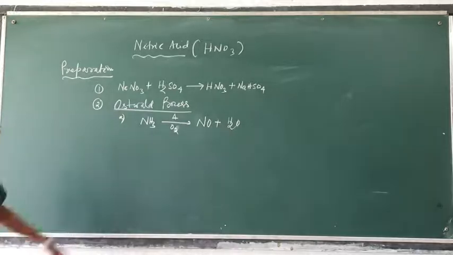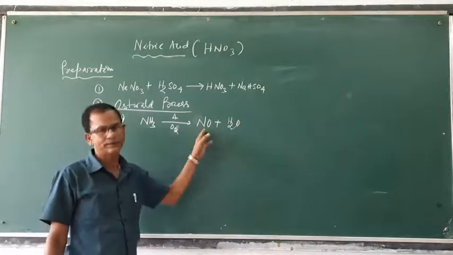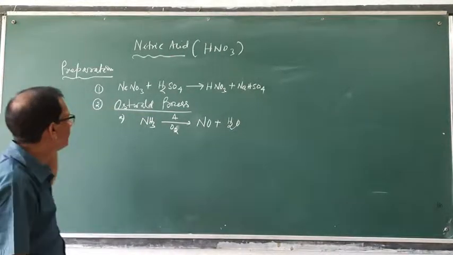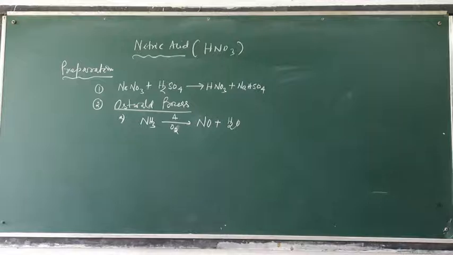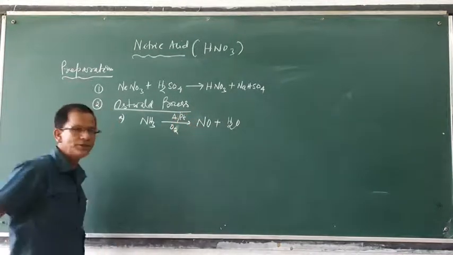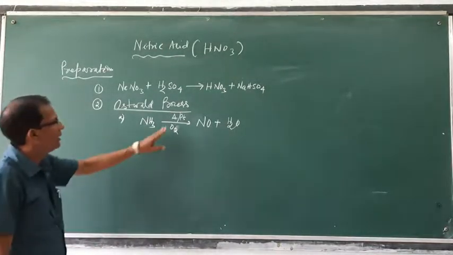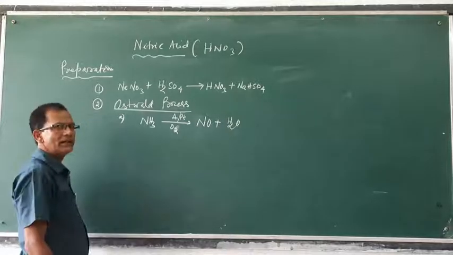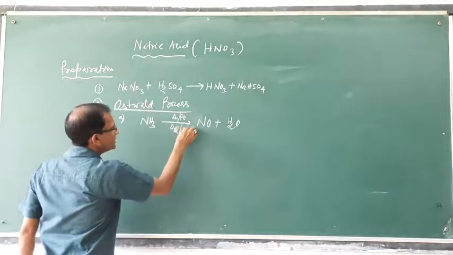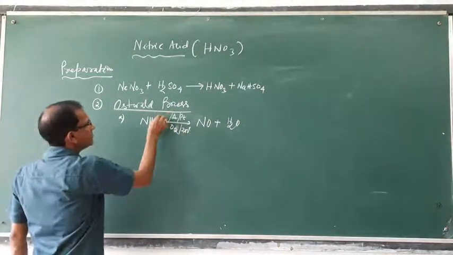In the first step, ammonia gas is oxidized to nitric oxide. This is done in the presence of platinum, which acts as a catalyst, and also at a high temperature, around 200 degrees Celsius, and 9 atm pressure.